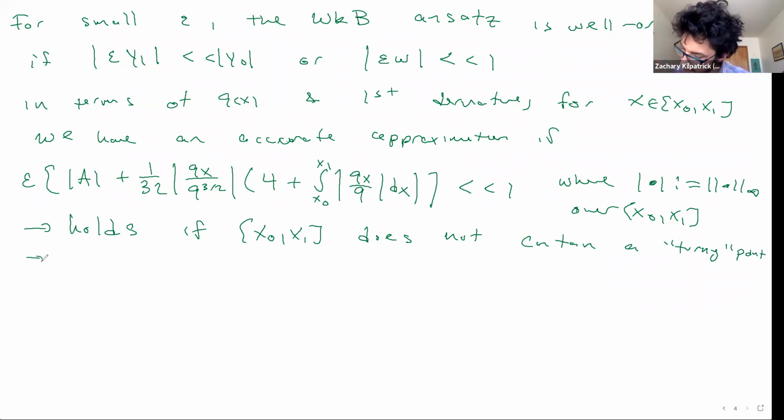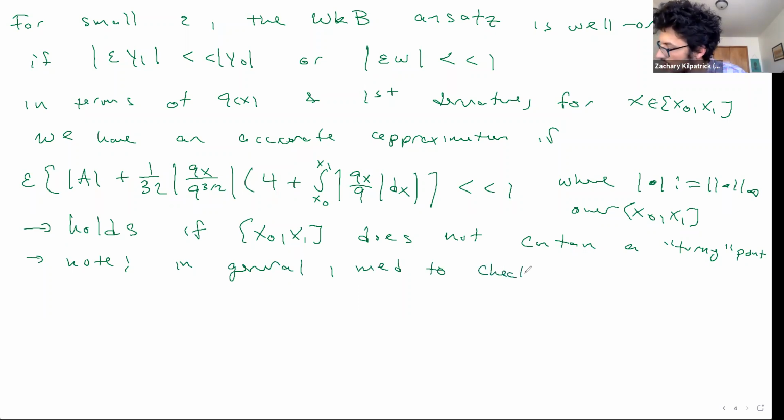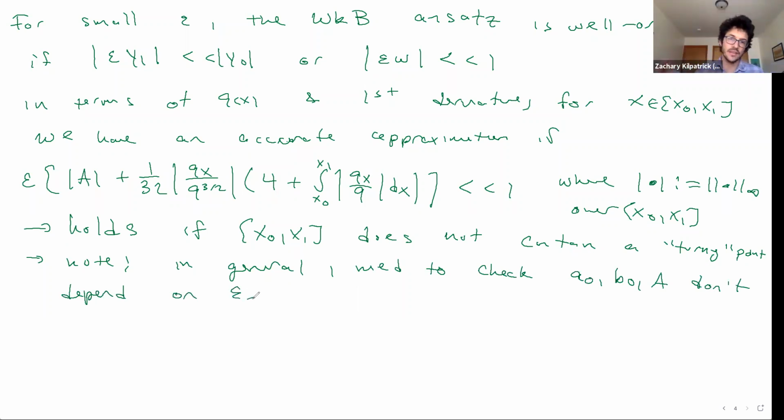And another thing to note is that in general, we need to check that A0, B0, and A don't depend on epsilon. And that's going to be problem dependent, but in general that's not going to happen. But you have to check it case by case in order to make sure everything works out. So that's the ordering of this.